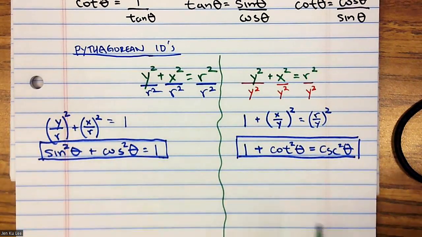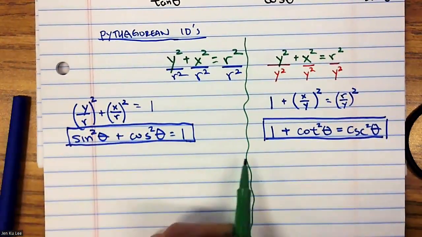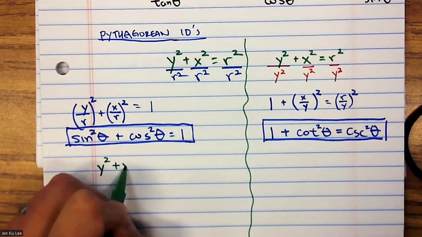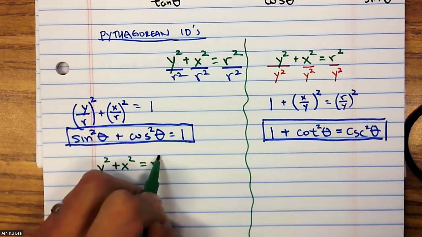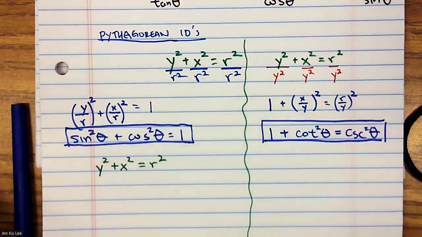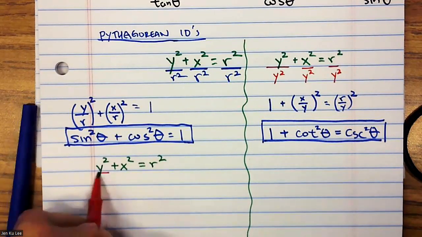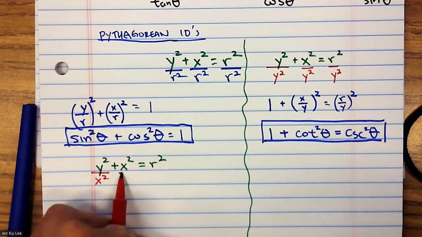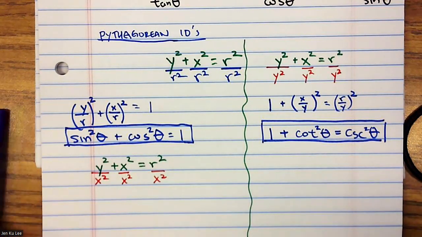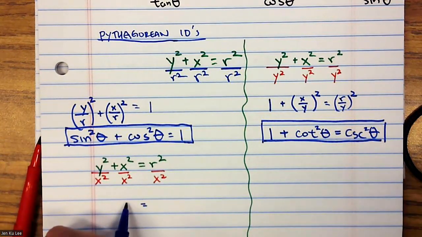Okay? And my last one, I'm going to put it here. y squared plus x squared equals r squared. I divided it by r squared, I divided it by y squared. The only thing that's left over is x squared. So then I know that x squared over x squared is 1.